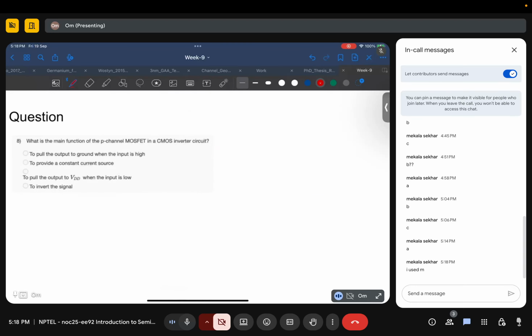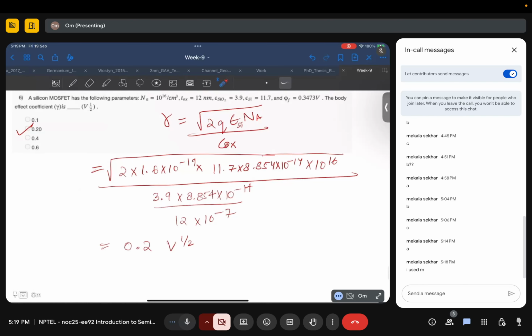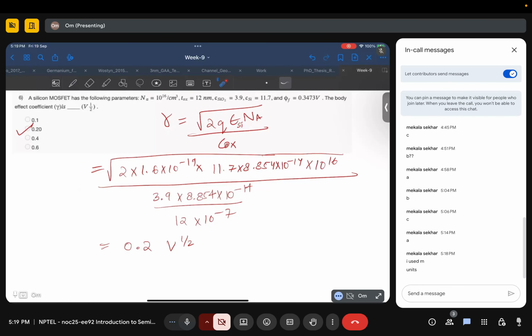What is the main function of P channel MOSFET in a CMOS inverter circuit? You used meter units, but that still does not change the answer.